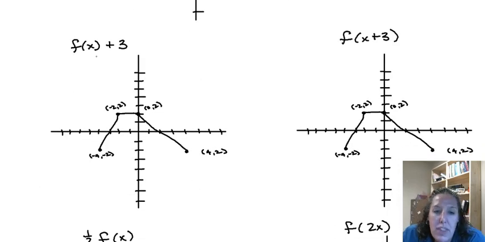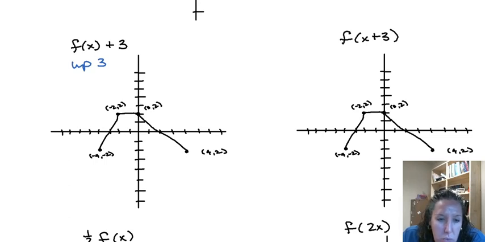If that is our f of x, if we wanted to graph f of x plus 3, what that means is we are going to go up 3. That 3 is on the outside, so it's a vertical change. When we add or subtract, each of those points goes up 3.